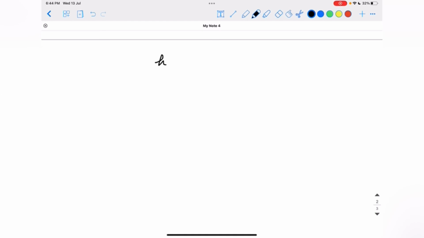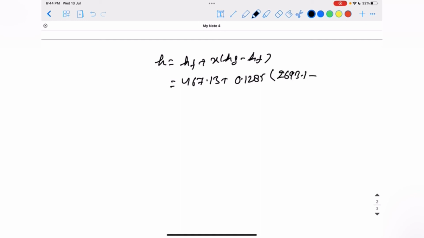Similarly, I can calculate the value of H as Hf plus X into Hg minus Hf. So we have Hf value as 467.13 plus 0.1285 times Hg value as 2693.1 minus 467.13.